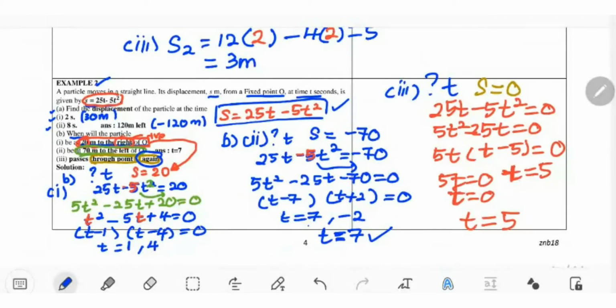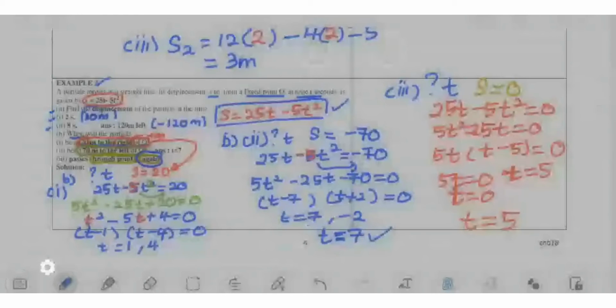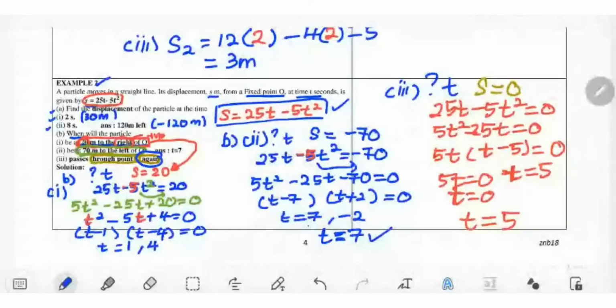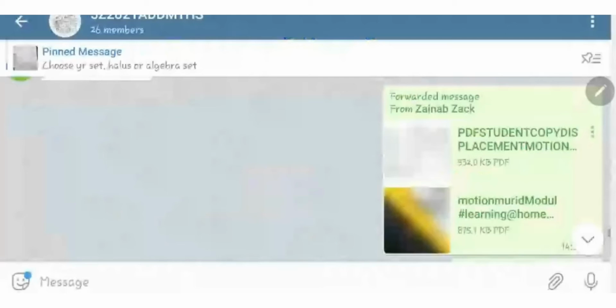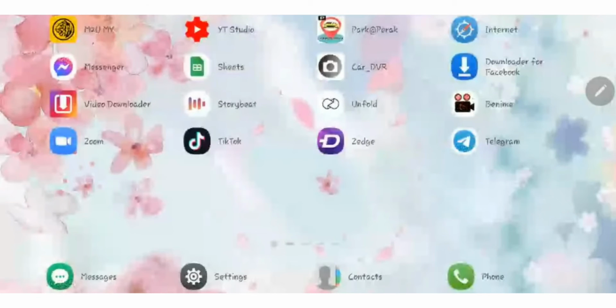Boleh faham? Okay, alright. Next, kita tengok pattern yang kedua. Under displacement. Tadi I bagi tahu you ada 3 jenis soalan. This one done.